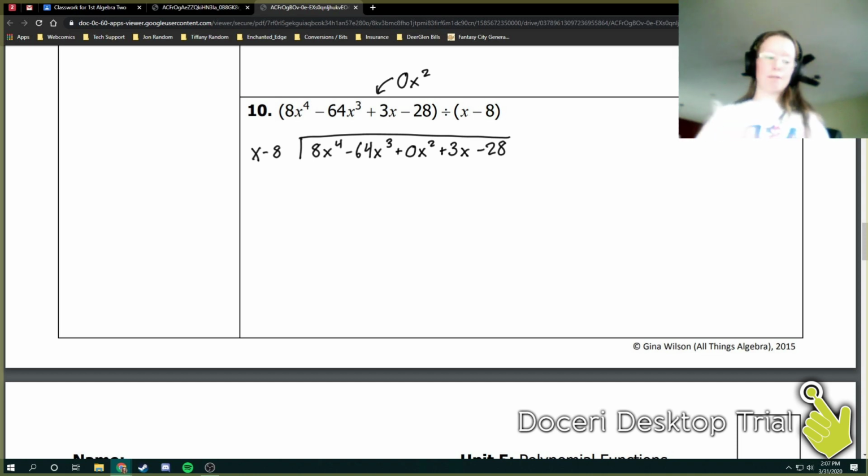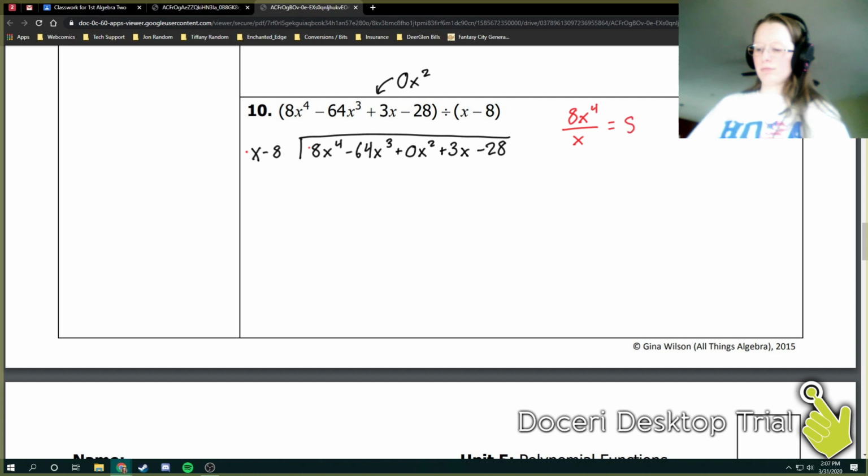This one is going to take a few more iterations simply because the thing that we're dividing into is so long compared to our divisor. So first term, 8x cubed, so I'm going to write that over my x cubes.